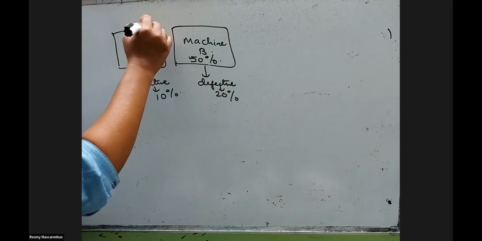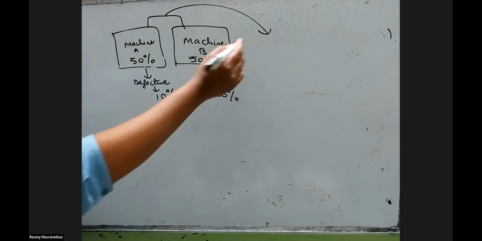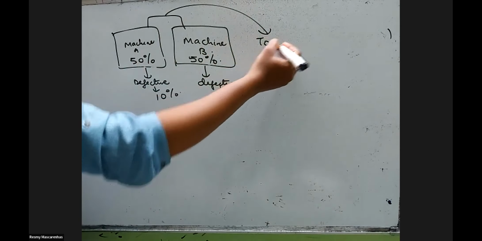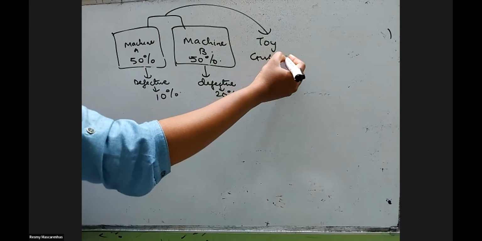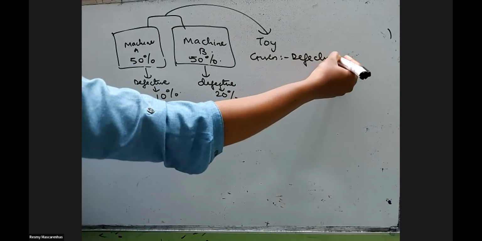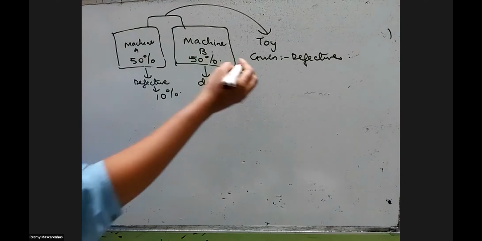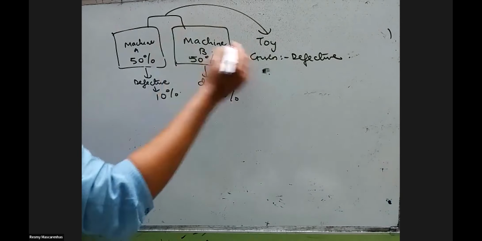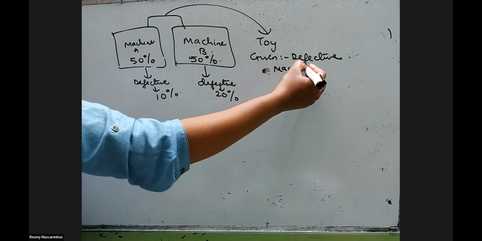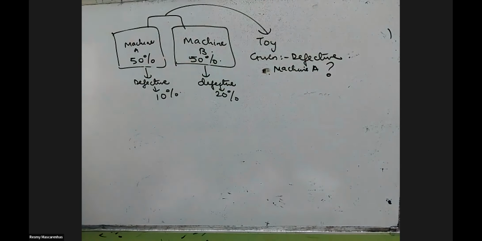Now out of this, you don't know which, a toy has been picked up. So given it is already defective. It is found to be defective, which means it is given defective. What is the probability that it is from machine A? Now it is asked. This is the data.